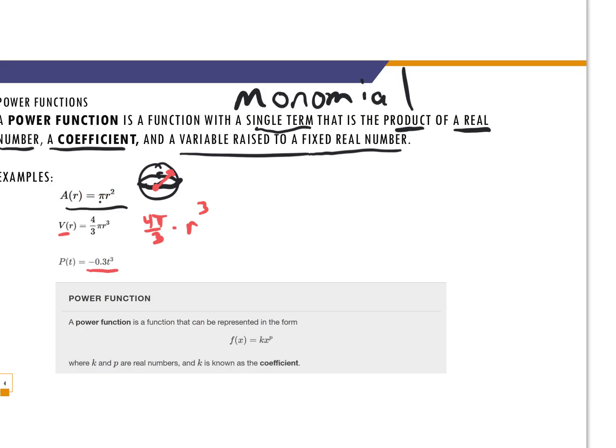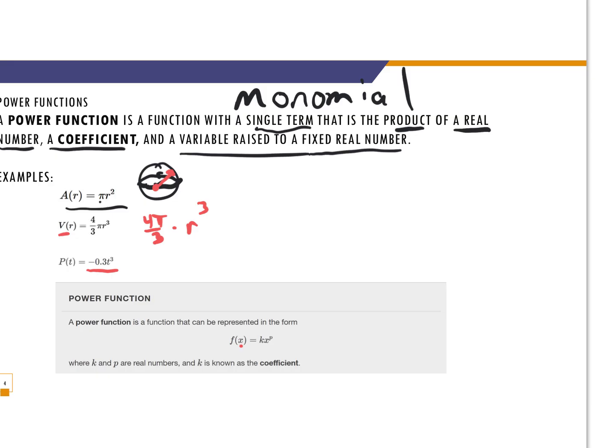So here's the definition in your book. A power function is a function that can be represented in the form of f of x equals k times x to the p. P is just a real number. K is a real number. X is not a real number. X is the variable. How do I know?